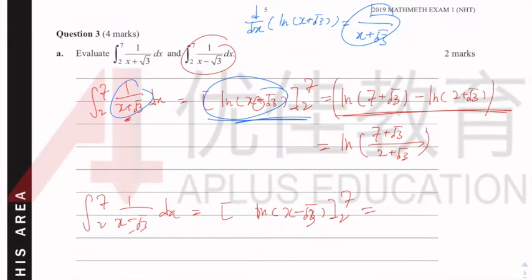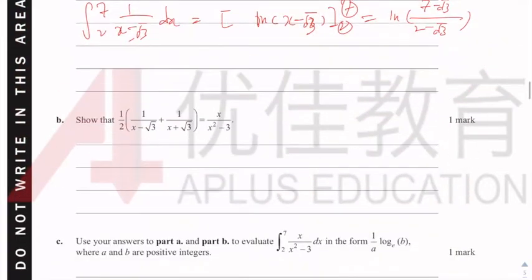We're just going to copy this format because they are the same range but different numbers. One is positive square root of 3 and the other is negative square root of 3. So that's ln of 7 minus square root of 3 over 2 minus square root of 3. Okay, that's for the first question.